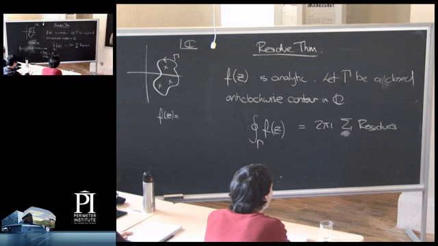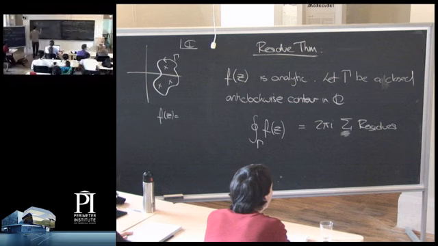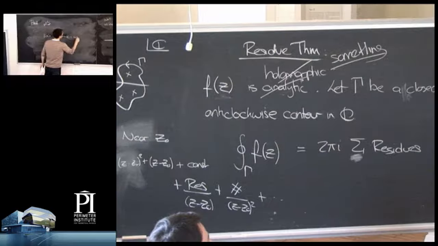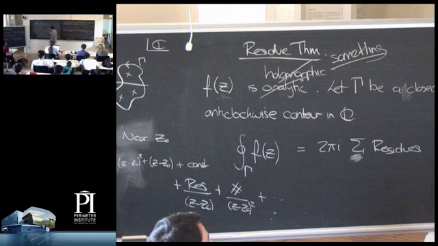Around any point, you can expand f of z like a Taylor expansion, but it's called a Laurent expansion.